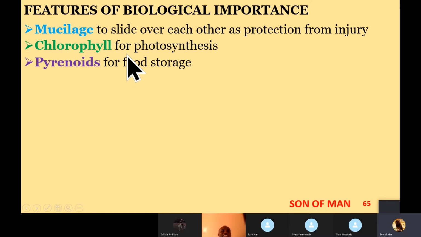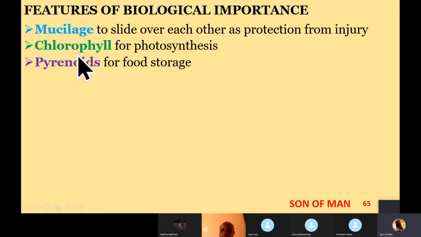So in its environment, because they are crowded together, water currents can allow the cells of the filament to slide over each other. And if it is to be cell wall, it will have been dangerous in the context that the cell wall is very hard. Scratching on another cell wall of another cell can create some form of damage. So the mucilage will slide over, and that protects each individual cell from mechanical injury.